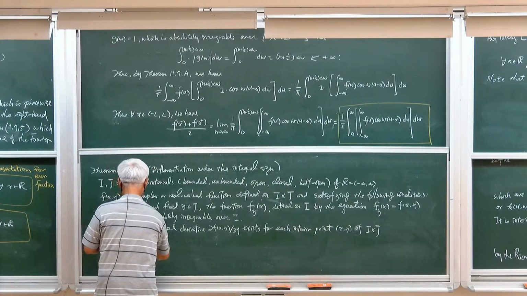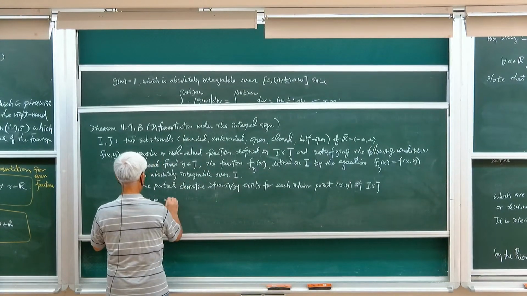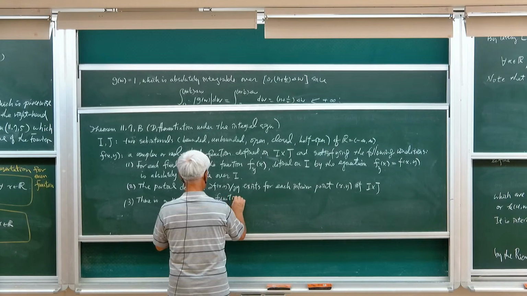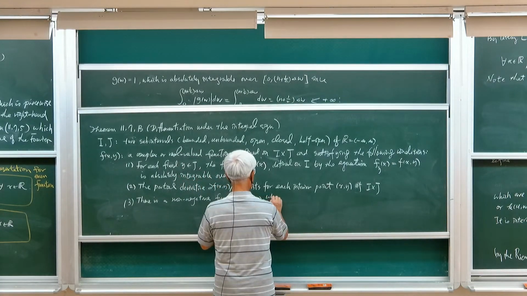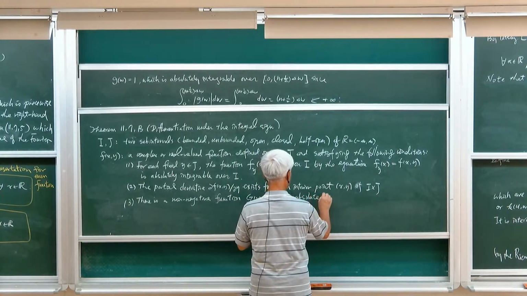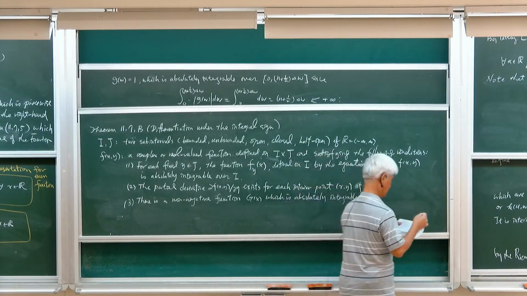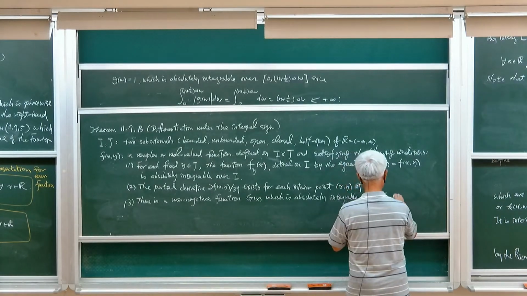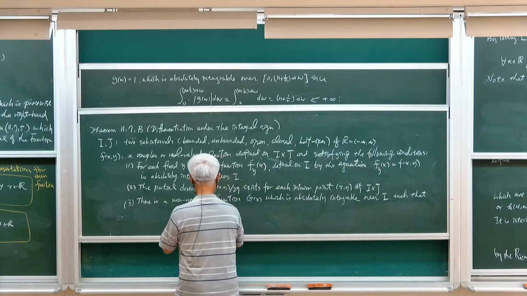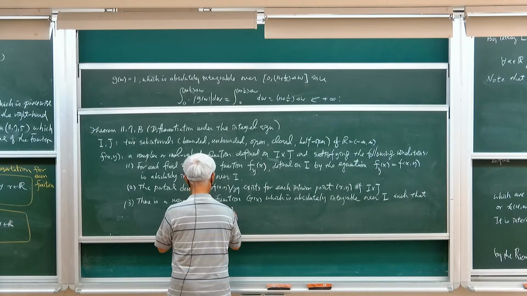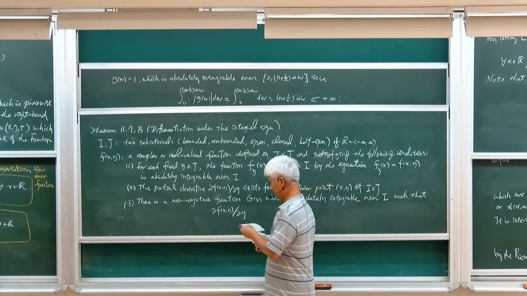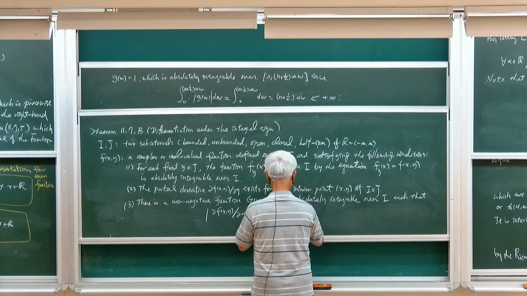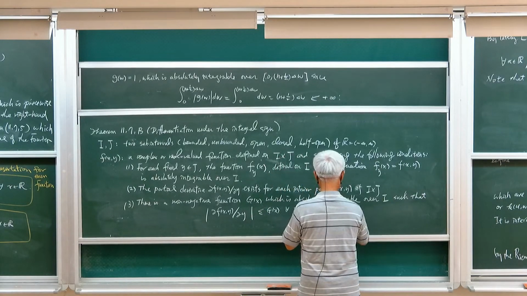And there is a nonnegative function g of x, which is absolutely integrable over I, such that the partial derivative of f of x, y with respect to y is upper bounded by g of x for all interior points.